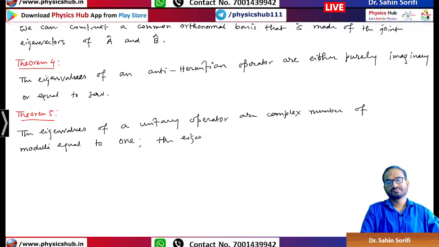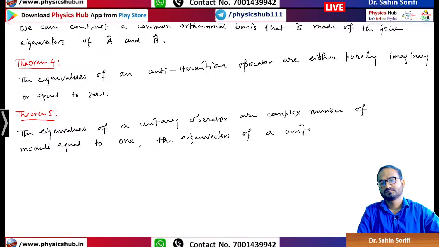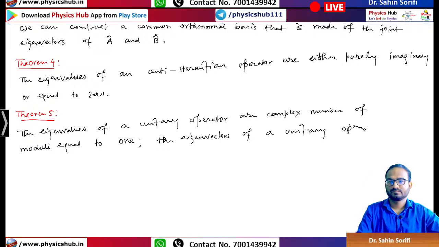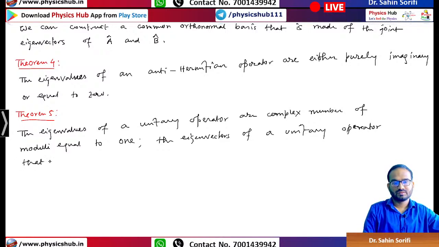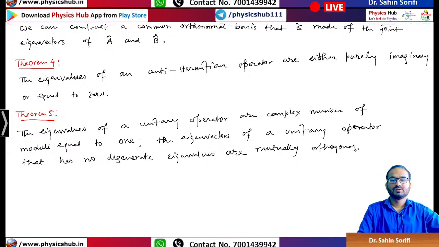The eigenvectors of a unitary operator that has no degenerate eigenvalues are mutually orthogonal.